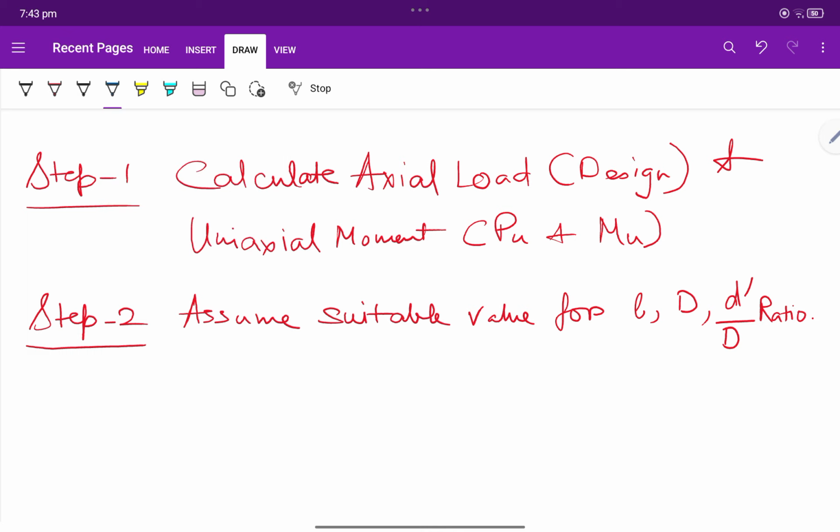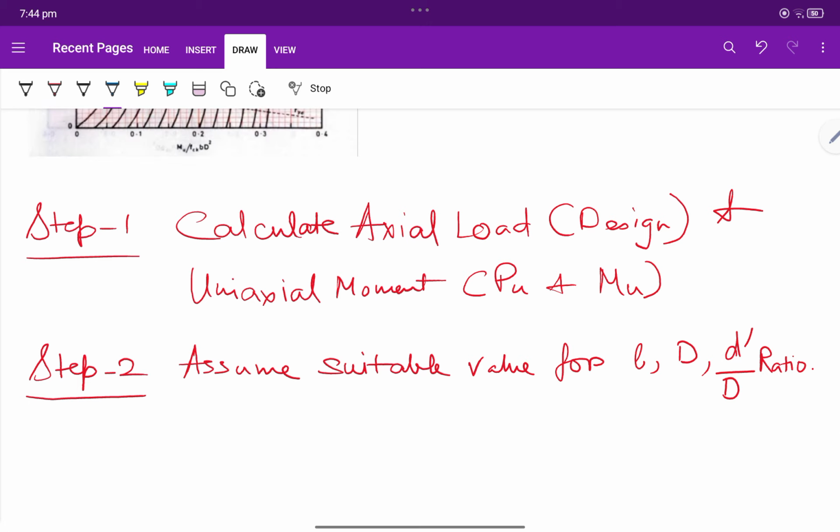So we will now see the assume suitable value for b, d dash by D ratio, and we also have to assume the arrangement of the reinforcement.